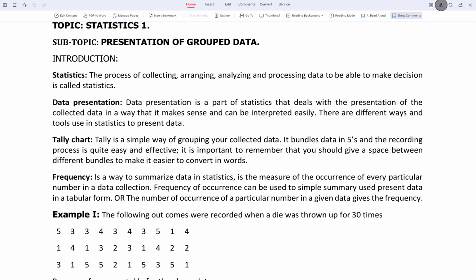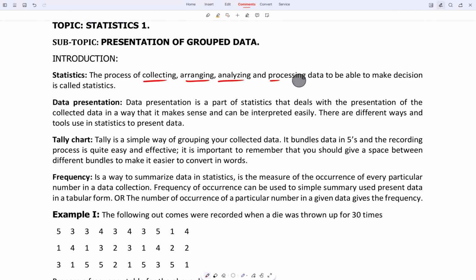They are the most important thing when it comes to statistics: collecting, arranging, analyzing and processing data to be able to make decision.